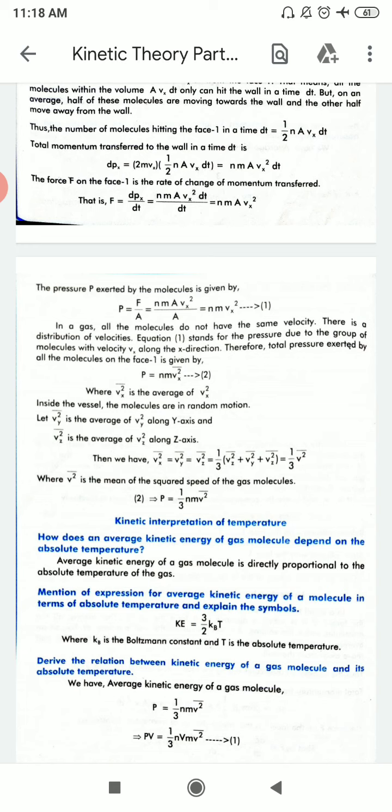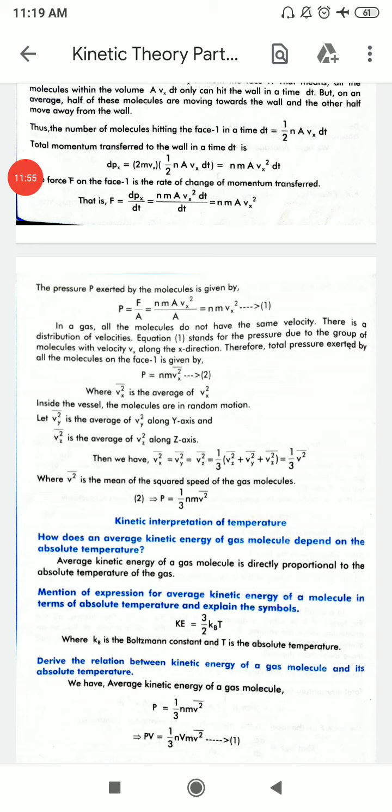Therefore equation 2 becomes P = 1/3 nm v² bar. This is the expression for pressure.